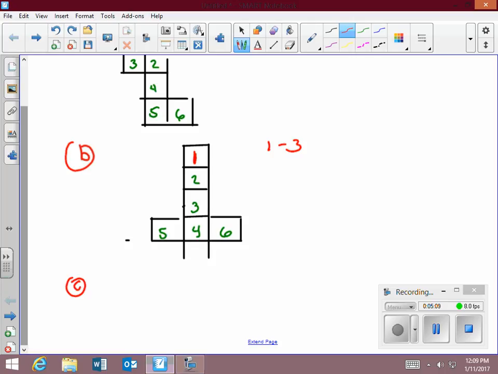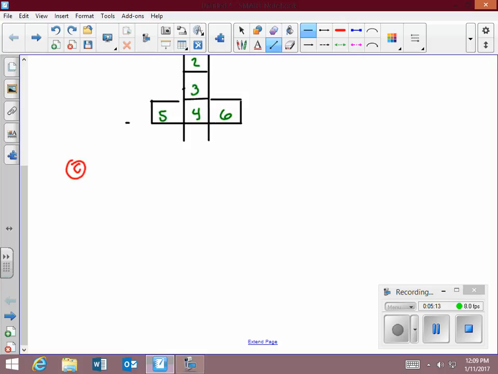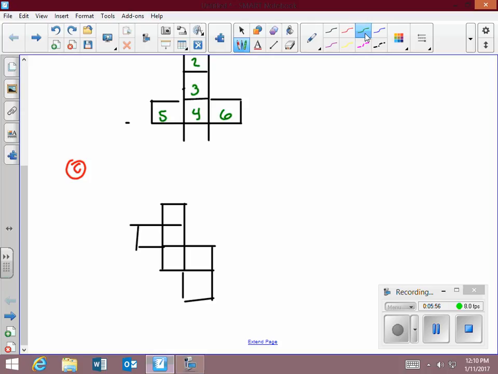All right, the C one. So once again, what's opposite of 1?